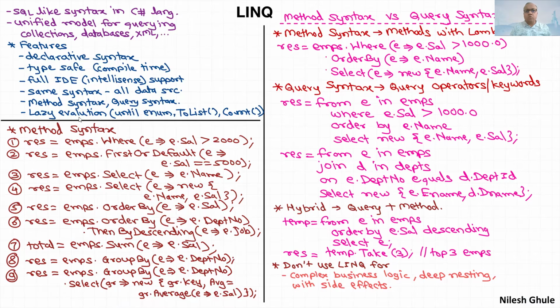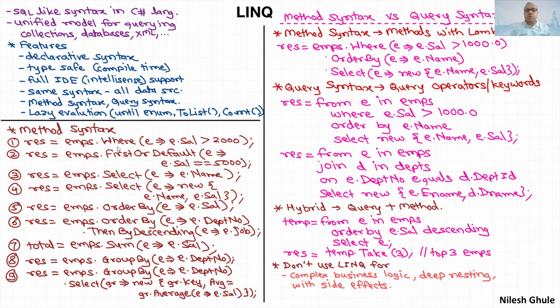Let me first tell you about these methods of LINQ. They are extension methods for IEnumerable. So any .NET object which inherits from IEnumerable, these methods will be available.